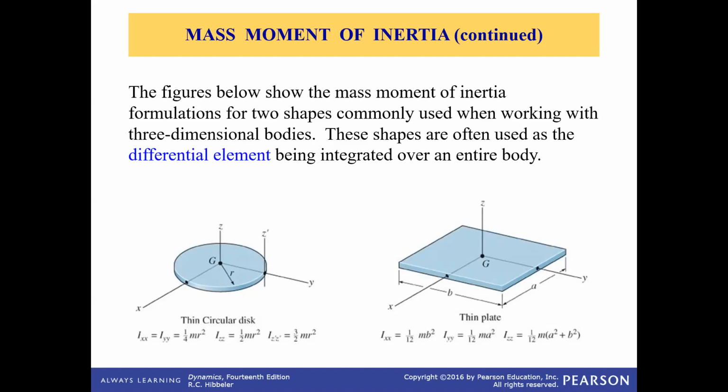If you are using these two shapes as the differential elements, then it depends on which axis the object is rotating about. If you have a disk rotating about the z-axis, then the moment of inertia I_zz is just equal to 1/2 m r squared. If it is rotating about this z prime axis, then it's different, it's 3/2 of m r squared.